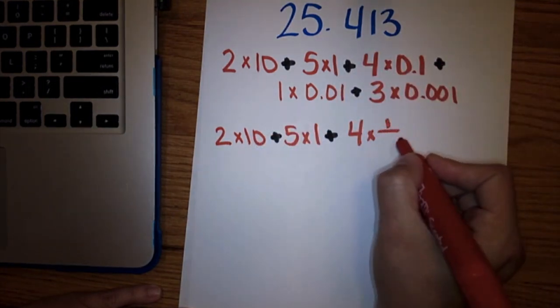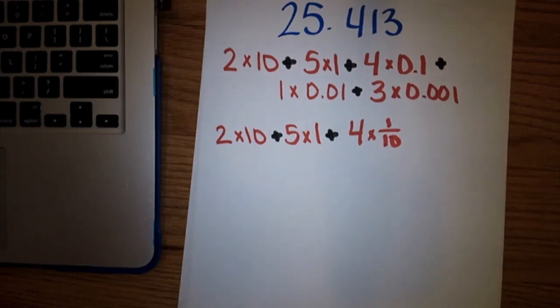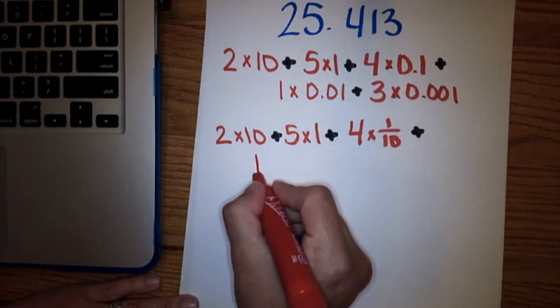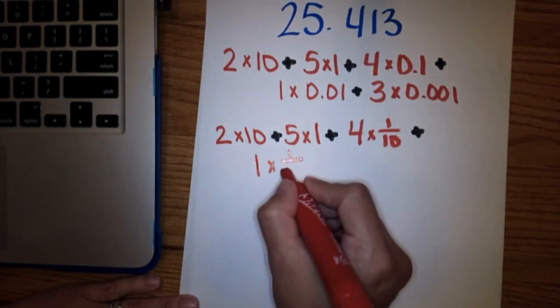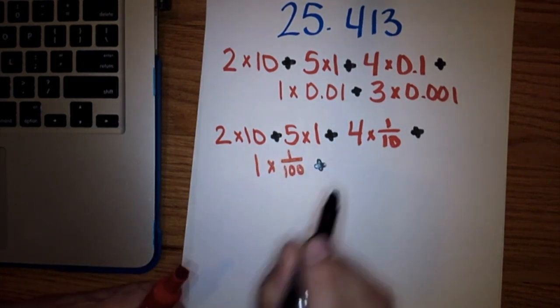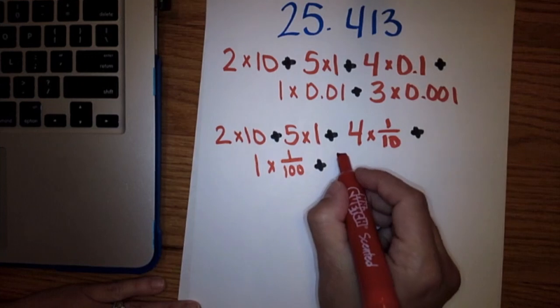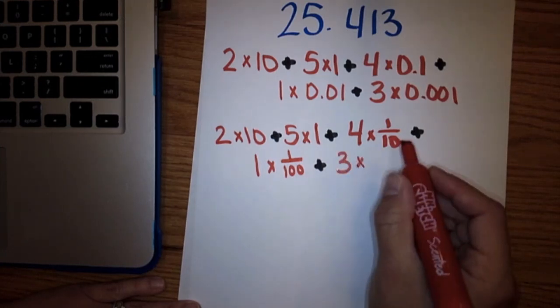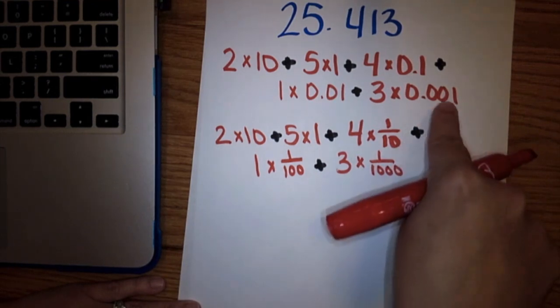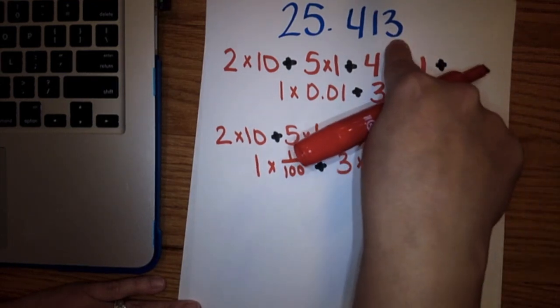Let's write 1/10 as a fraction, plus 1/100th, 1 times one group of 1/100ths, plus 3 times 1/1000th, thousandths place.